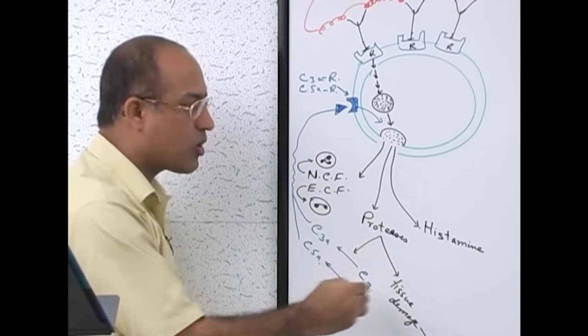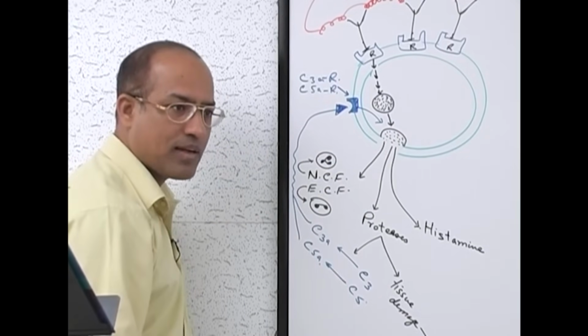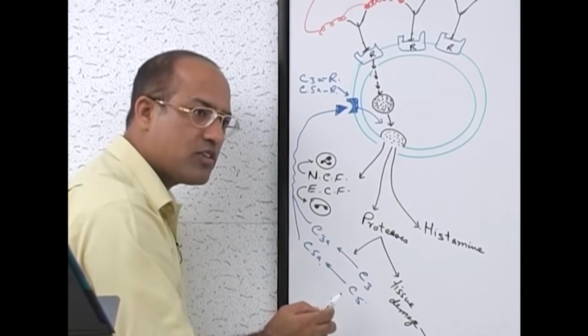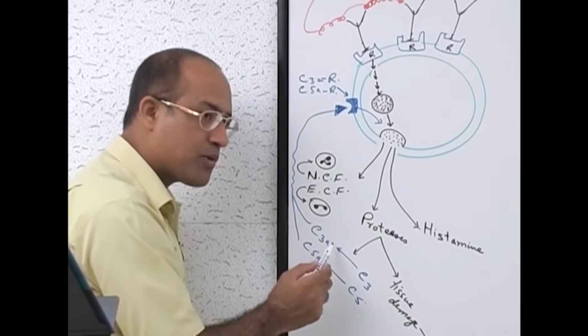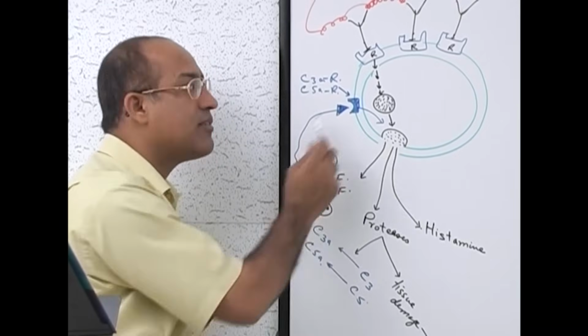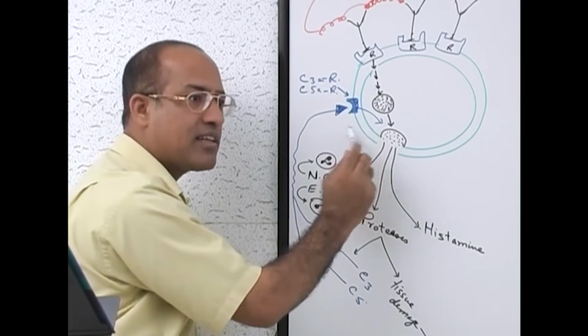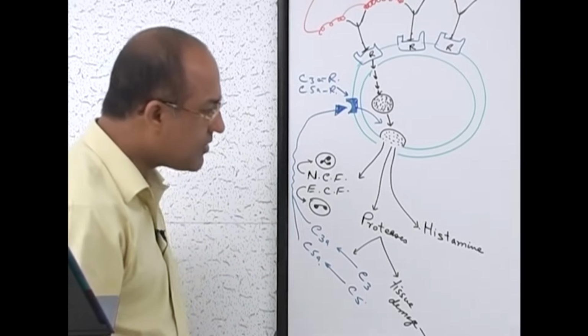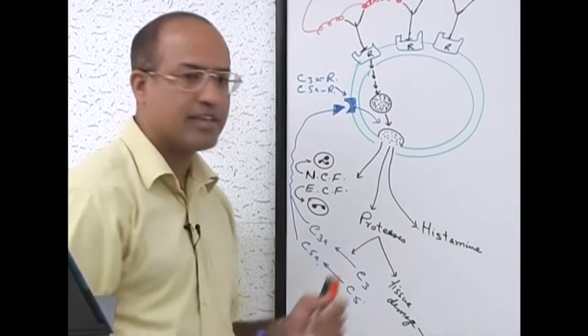So it is a local amplification loop: once the mast cell is activated, it releases proteases. Proteases break down and produce active complement factors. Some of the active complement factors have receptors on the mast cell, and mast cells are stimulated further. Is that clear?